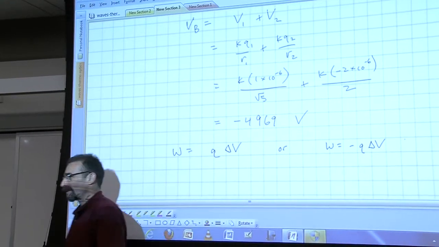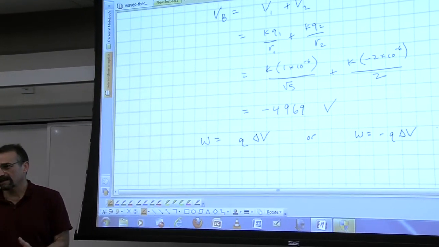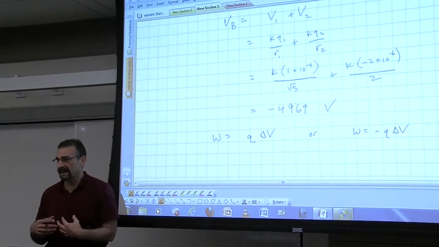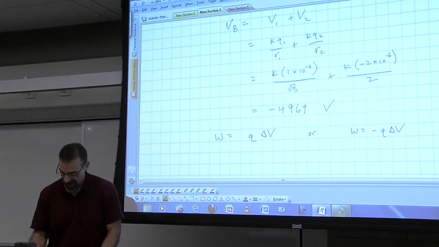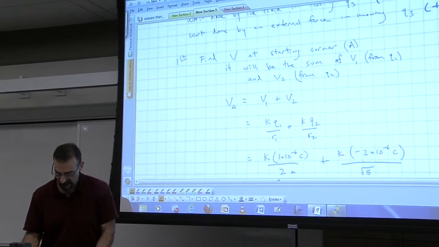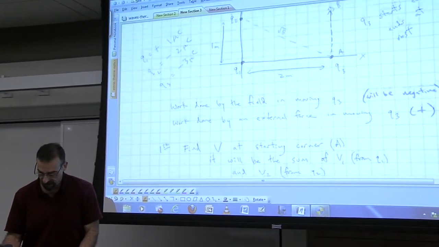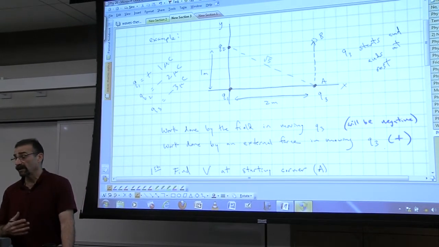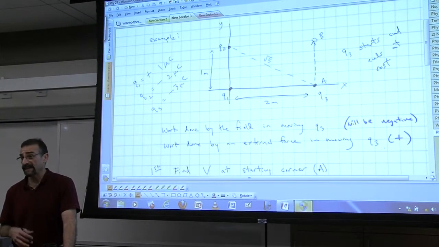I say don't worry about the sign. The magnitude of the work done is Q delta V. Then think about the sign later. We already thought about the sign. Is the field doing positive work? Is the field pushing it that way? In this case, we said the field was doing negative work, so we know our work done by the field has to be negative.